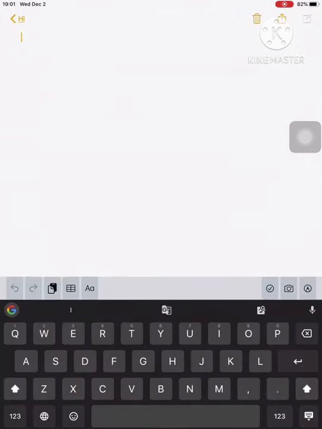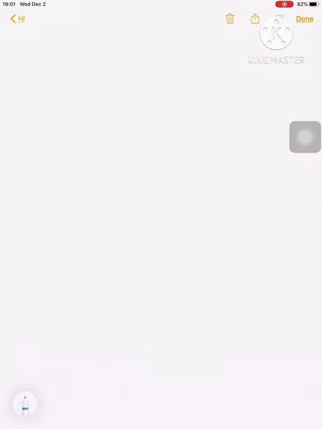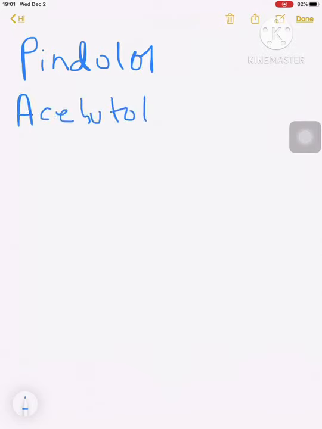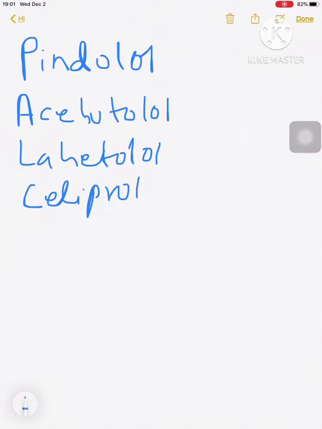Let me write those drugs down first: pindolol, acebutolol, labetalol, celiprolol, and another one is carteolol. Forgive my handwriting, please. Even though these are beta antagonists, they have partial agonistic activity.